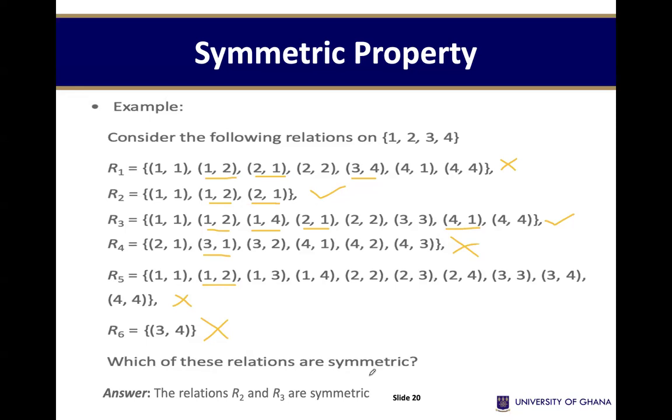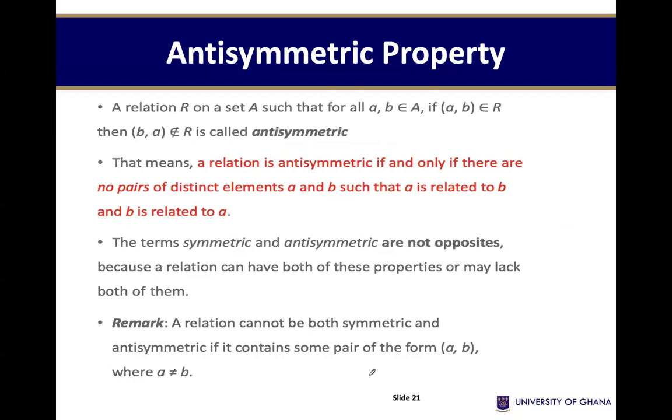Is that okay? So for symmetric, anytime I see any possible pair, I should see the vice versa pair there. Now we look at the antisymmetric. Antisymmetric is very simple. It is the opposite of symmetric. If 1 is related to 2, I should never see 2 related to 1 in the relation.